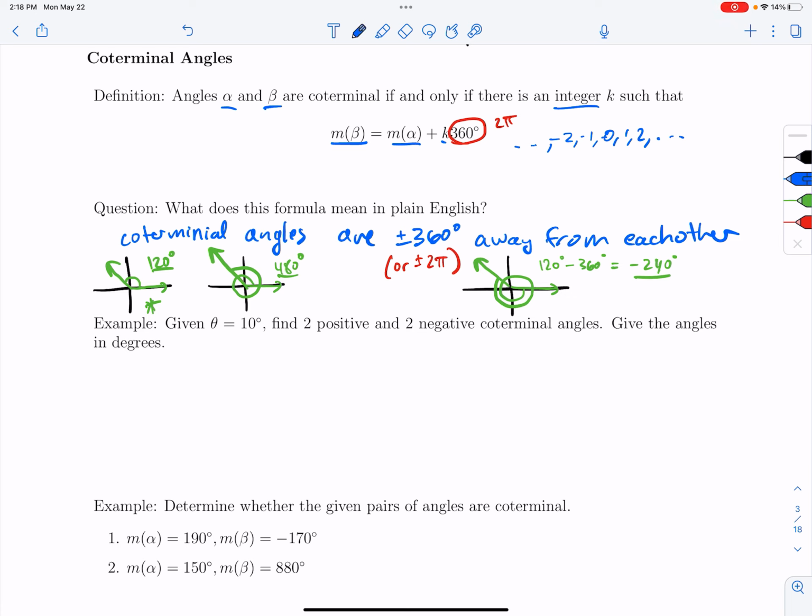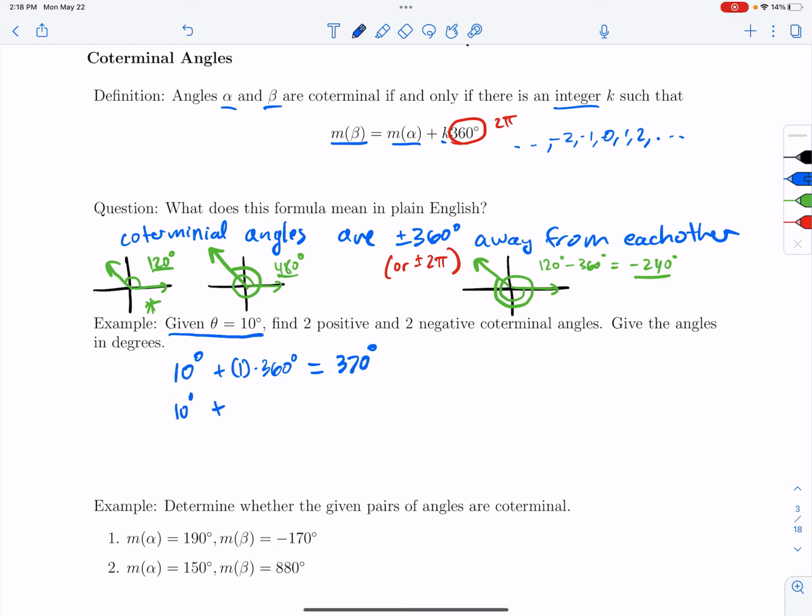Let's look at this example. Given angle theta is 10 degrees, find two positive and two negative coterminal angles. Give the angles in degrees. I just start with 10 degrees, and then I'm going to add 1 times 360 degrees. 360 times 1 is 360, plus 10 is 370. That is a coterminal angle.